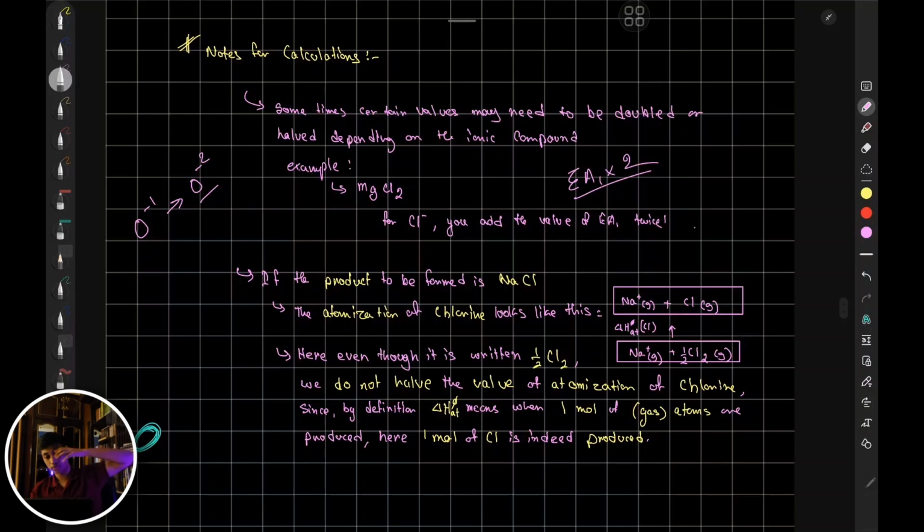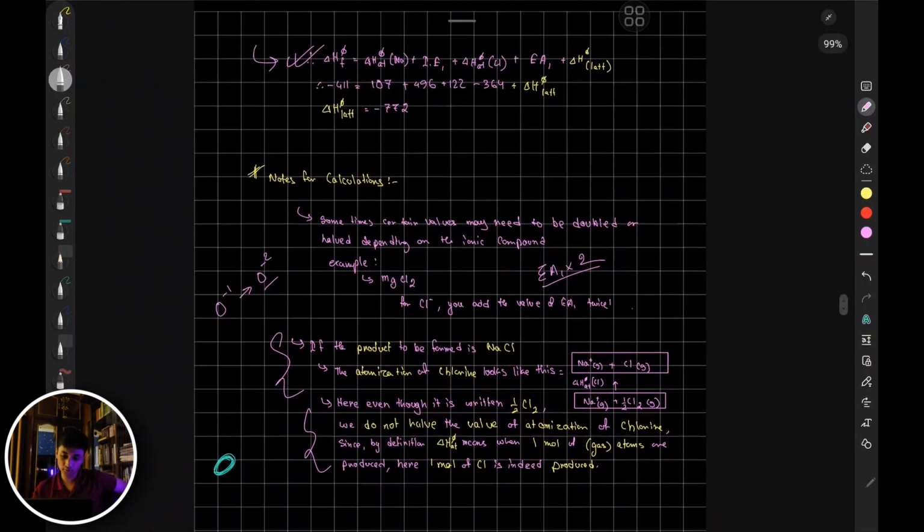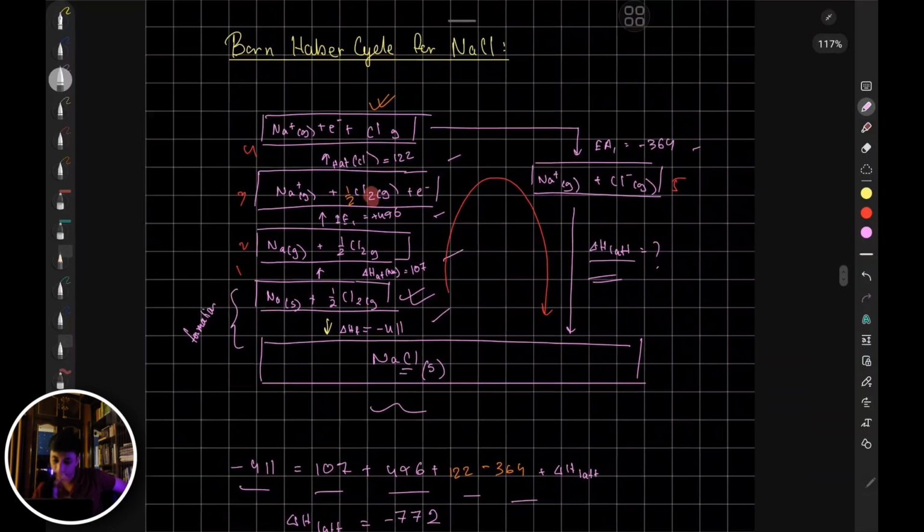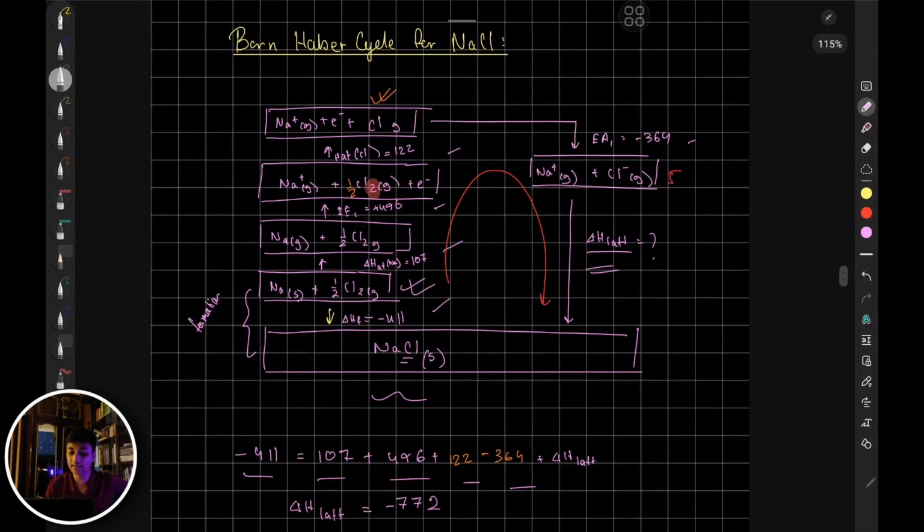Great. So yeah, I've already showed this in the Born-Haber cycle. I've already talked about this as well. Great. So that's basically the concept of Born-Haber cycle. You break down the main step, or the formation, in this case enthalpy change of formation, into several individual steps, which is actually the process that Na and chlorine gas goes through to form NaCl.